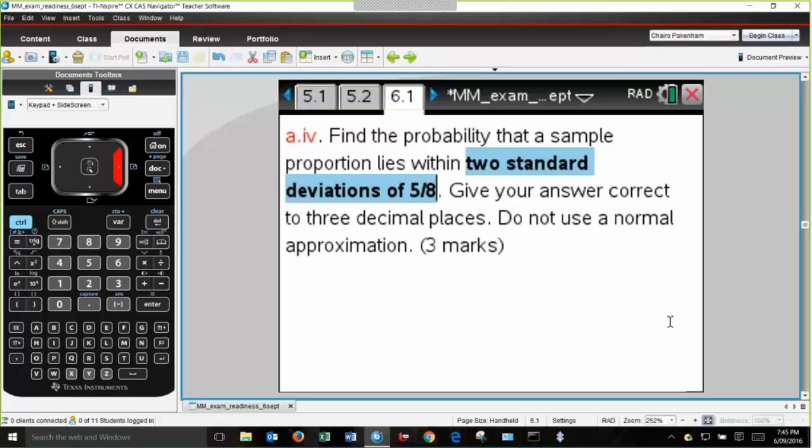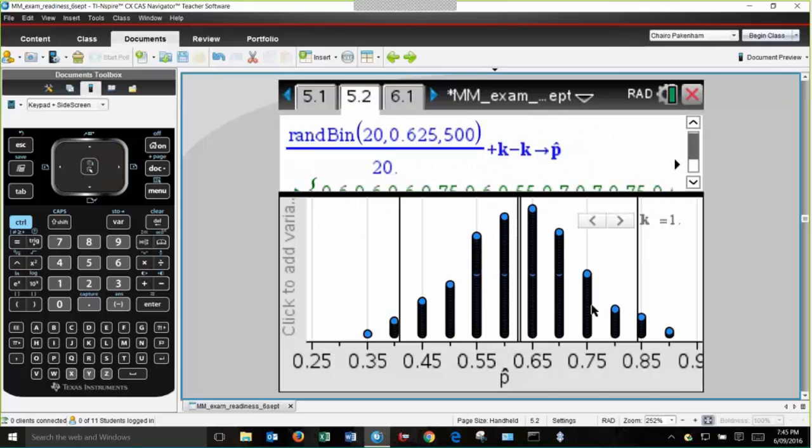Going back to here, for a particular observation of P hat, find the probability that it lies within 2 standard deviations of the centre. These 2 boundaries show the 2 standard deviations, so the question is basically asking for the probability that it lies between these 2 boundaries.